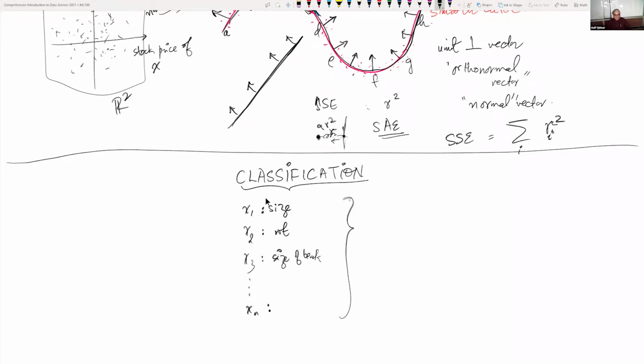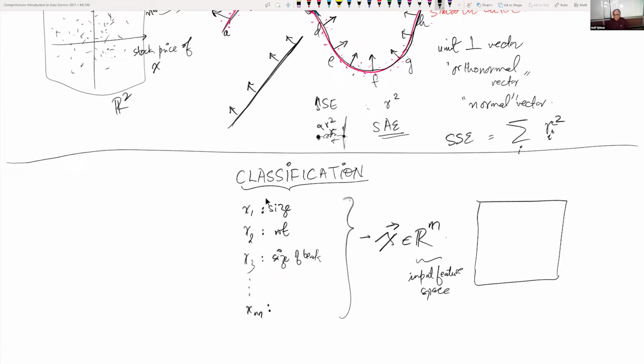So you give these meaningful attributes, these feed into, so this we can represent. By now, you must be familiar. So you can represent it as a vector in n dimension. So let me say this is m dimensional space. So m dimensional input feature space, right? You then feed it into a machine.